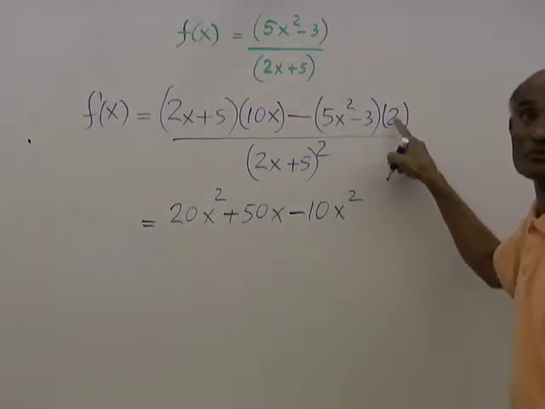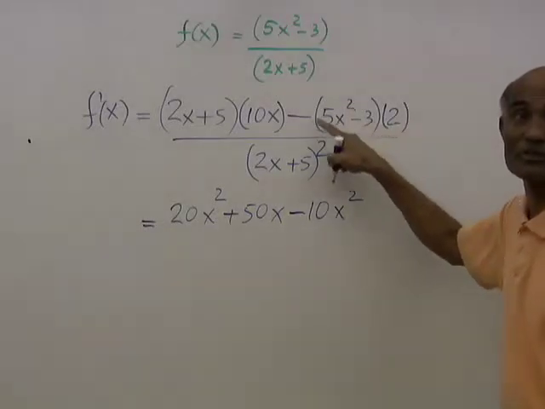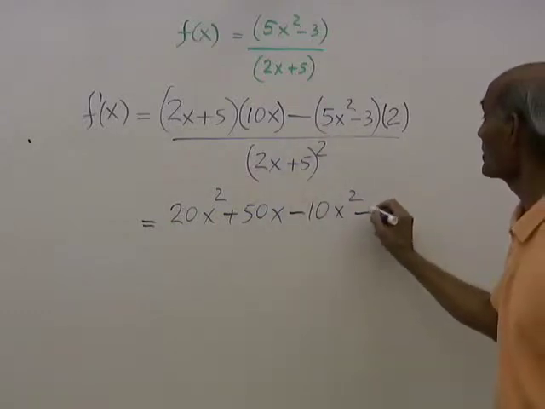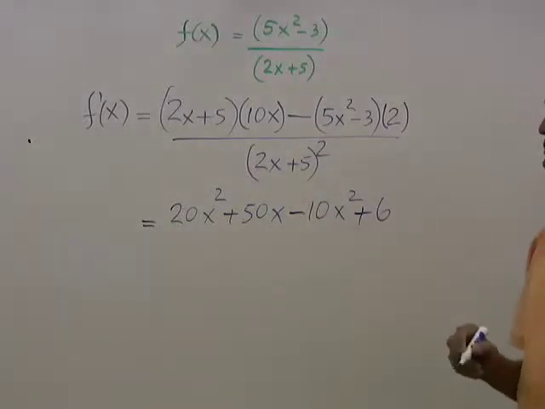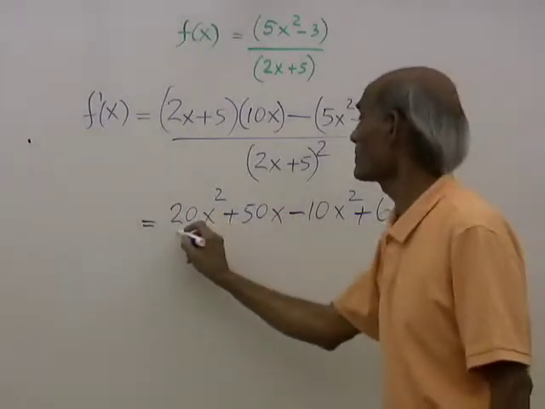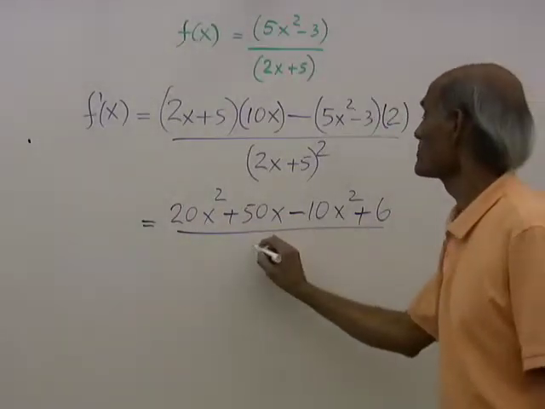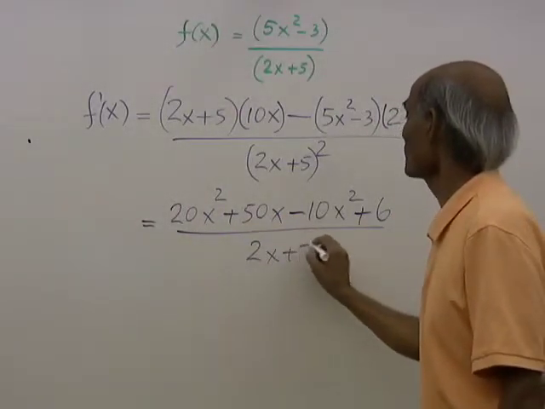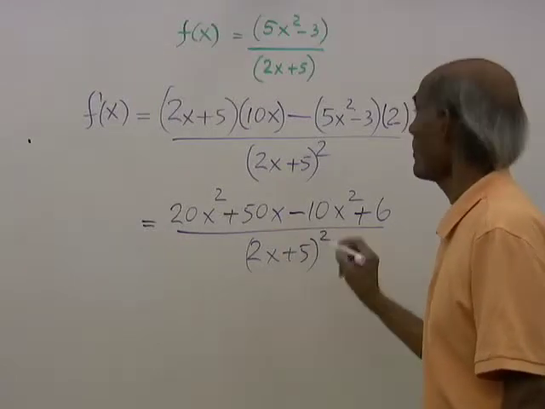Minus 3 times 2 is minus 6, with this negative sign gives you positive 6, all over 2x plus 5 all squared.